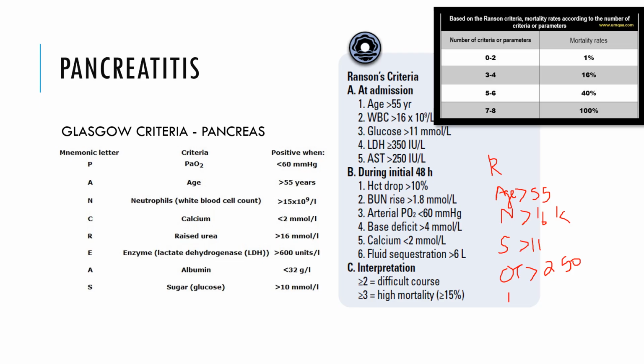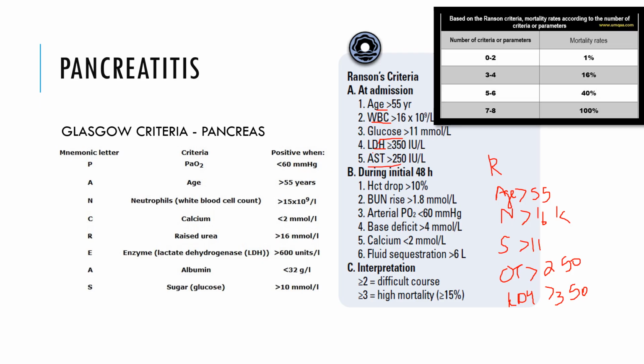And there is another N, which you remember like LDH more than 350. So OT more than 250, LDH more than 350. This is the Ranson's criteria at admission. So there are 5 criteria at admission: age more than 55, WBC more than 16,000, glucose more than 11 millimole per liter, AST or SGOT more than 250, LDH more than 350.